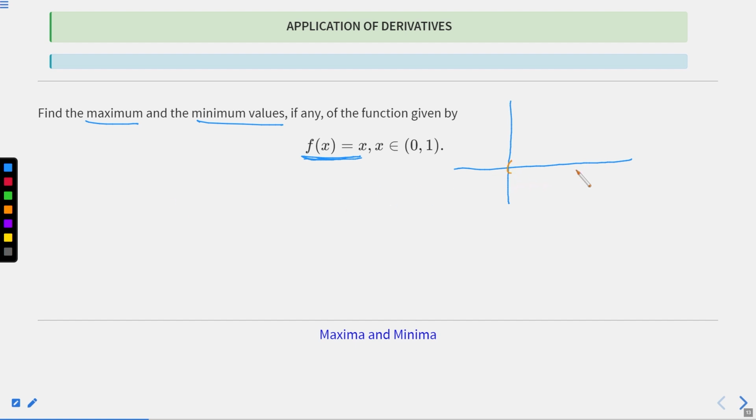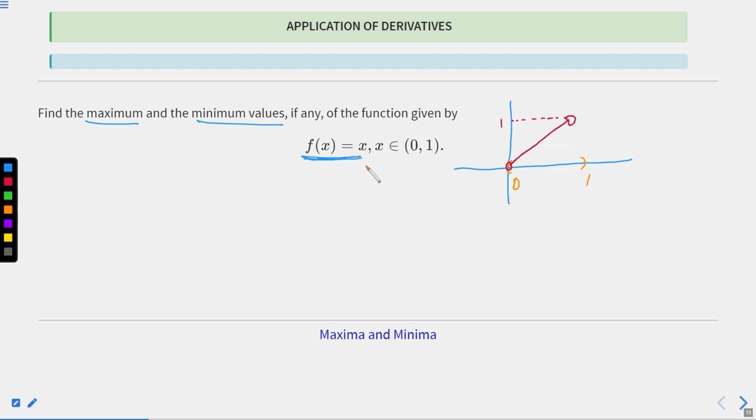You are taking the open interval 0 to 1, so your graph will look like this, and this point will be 1. So far so good.